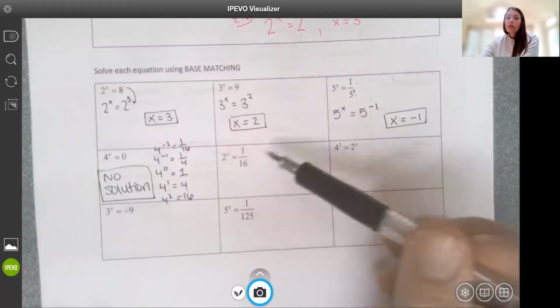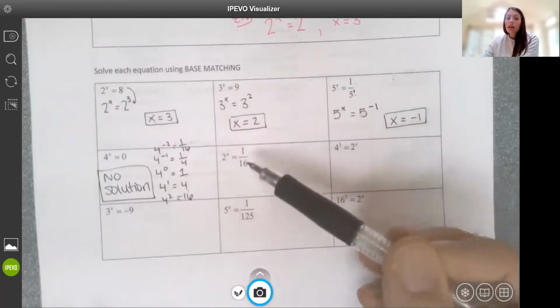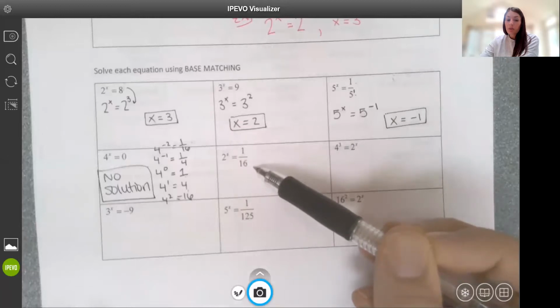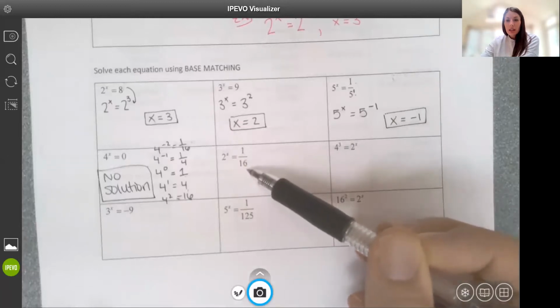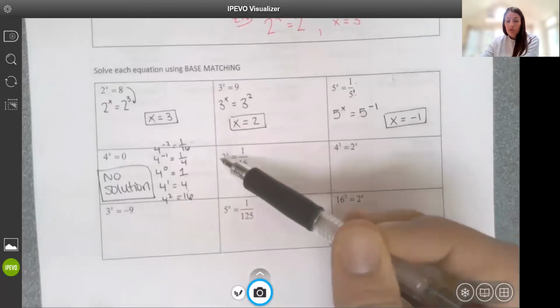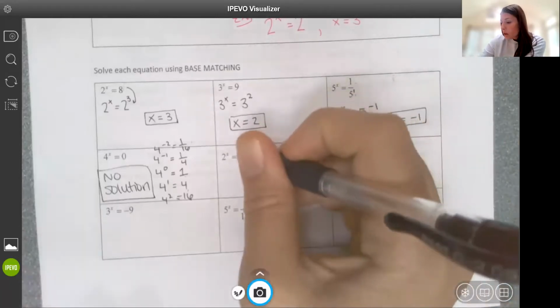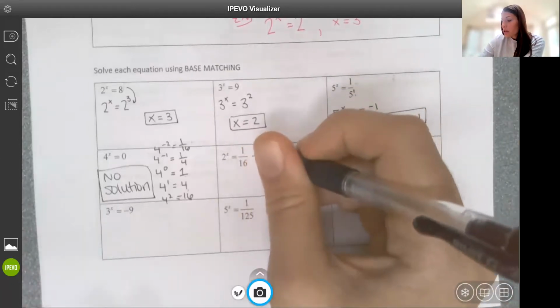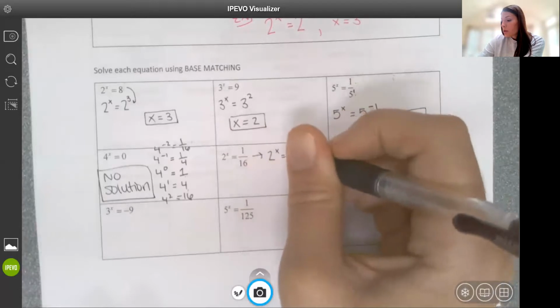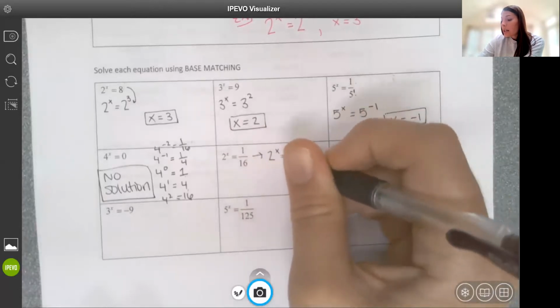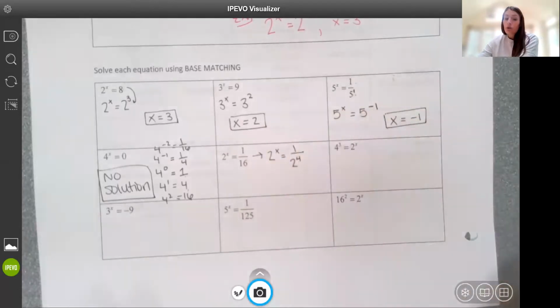So on our next one, very similar to this, but now I have 2 and 16. Can I rewrite 16 as a power of 2? And I can. So this is 2 to the x equals 1 over, instead of 16, I could write that as 2 to the 4th.